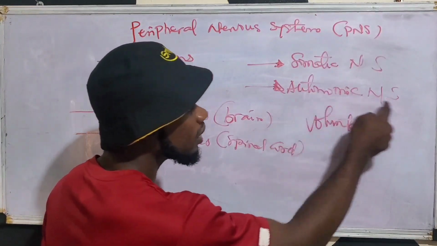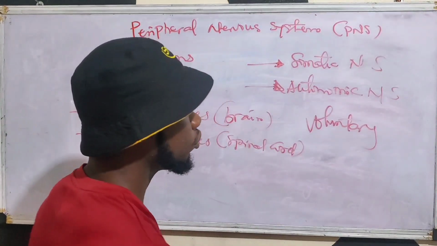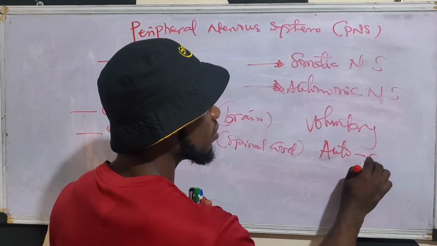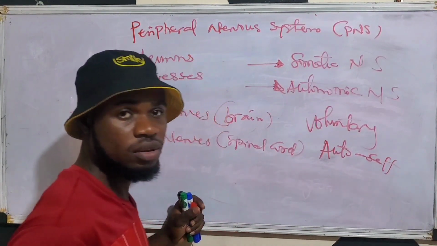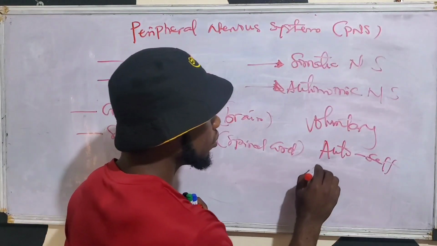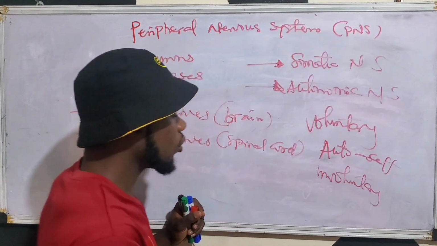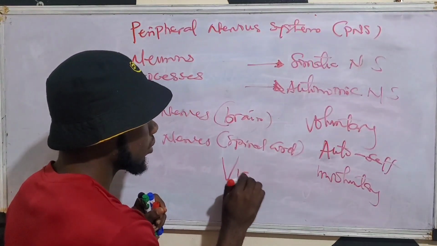But autonomic nervous system, it is not voluntary. As the word implies, auto means self, meaning it controls itself. It is involuntary, and it controls the viscera.